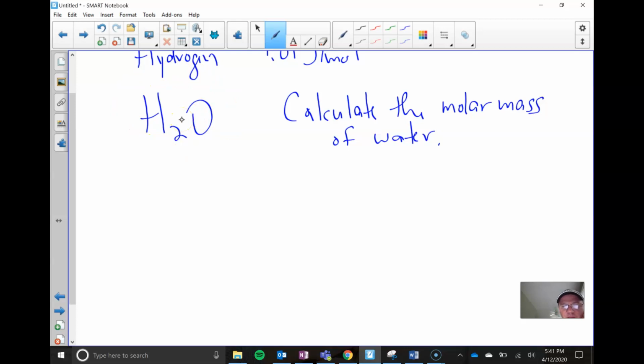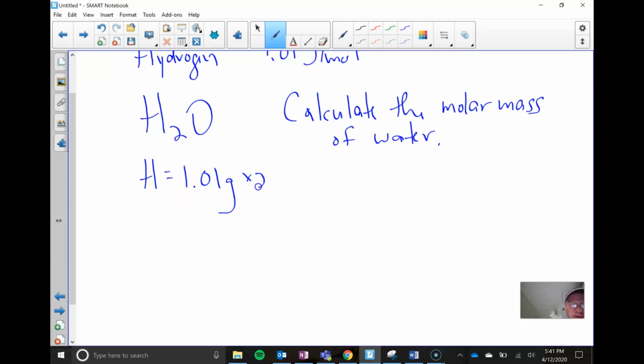Okay? So if I were going to calculate the molar mass, I need to calculate the mass of all of the moles that are in this molecule. So when I look at hydrogen, the molar mass of hydrogen is 1.01 grams, right? But we've got 2 hydrogens, 2 moles of hydrogens.